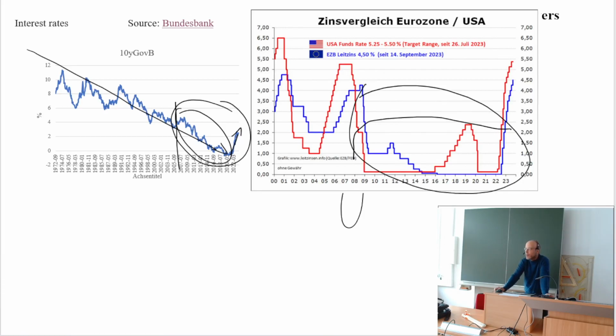And why were they too high for Germany? Well, directly after the financial crisis, the economic performance of Germany was really good. Remember also the development of the unemployment. But the performance of Europe overall was not that good. And therefore we had this long-term period of zero interest rates, even negative interest rates in Europe.